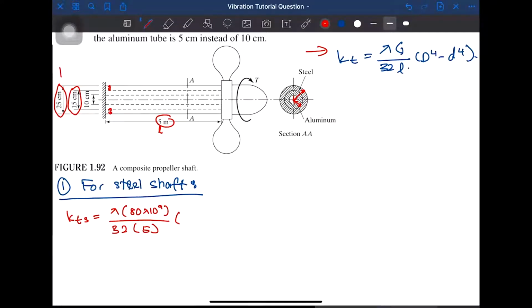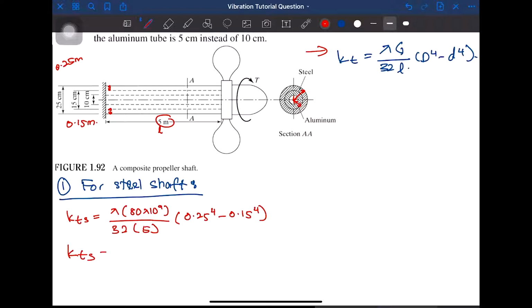So the big diameter here is 25 cm. When you substitute, make sure you substitute in the SI unit. So the SI unit of 25 cm is 0.25 meter, and for 15 cm it is 0.15 meter. So the big diameter 0.25 to the power of 4, minus 0.15 meter to the power of 4.